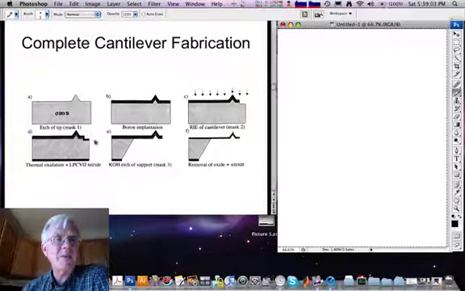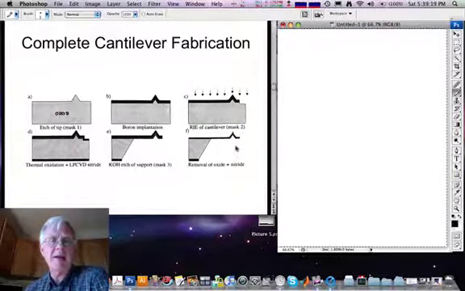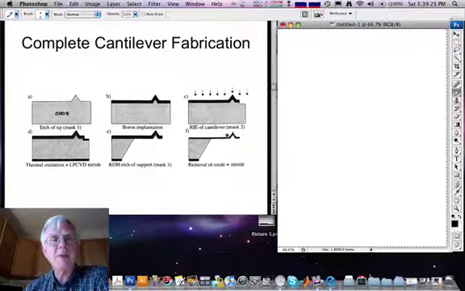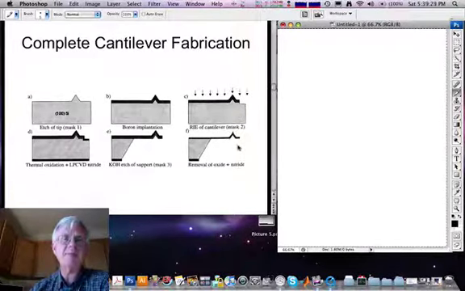This is then covered with a layer of thermal oxide and silicon nitride to protect the top. The whole thing is then exposed to a KOH etch, which of course can't etch this protected region here. And then finally the silicon nitride and the oxide layer removed to leave a cantilever in which, as you see, the probe here now is really made by molding this original probe on the surface.